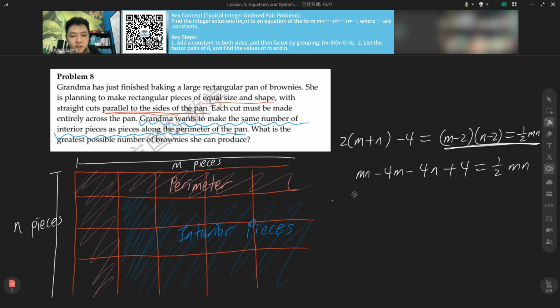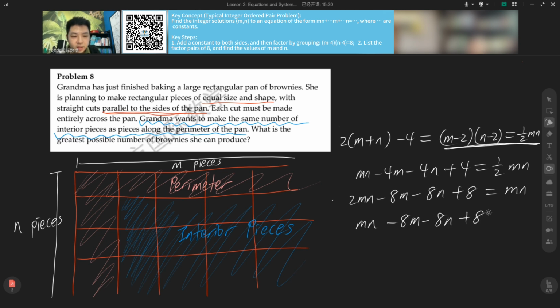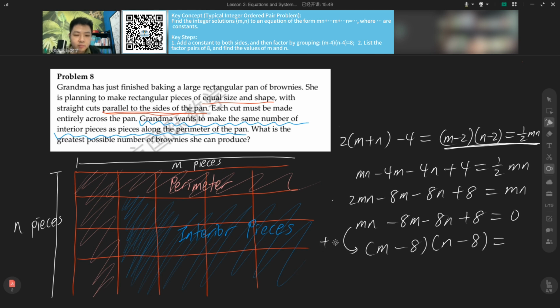And I can double each side. 2mn minus 8m minus 8n plus 8 equals mn. mn minus 8m minus 8n plus 8 equals 0. And for the fast mode, I'm doing m minus 8, n minus 8. That is going to be 64. So right here, there should be adding.